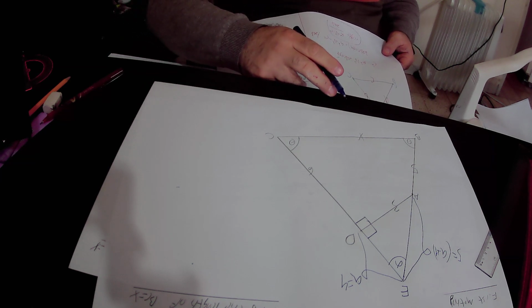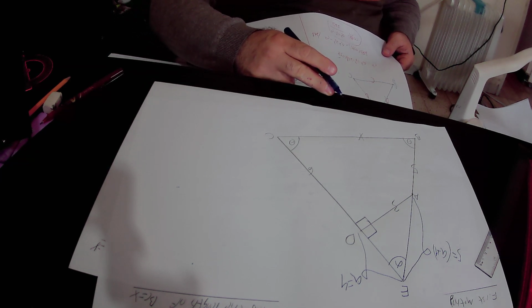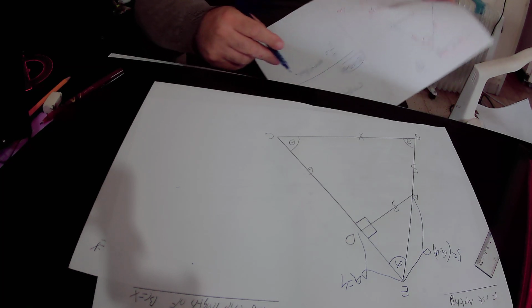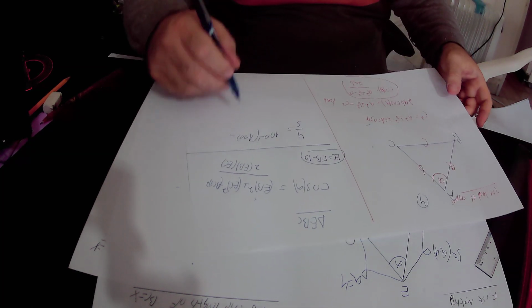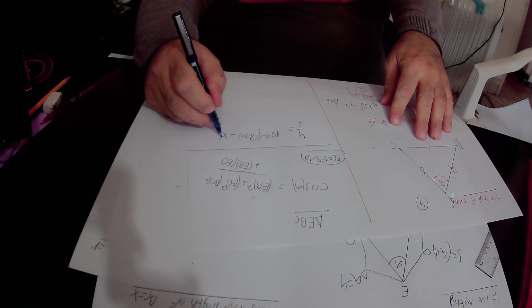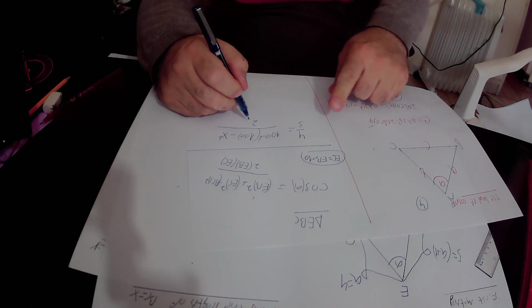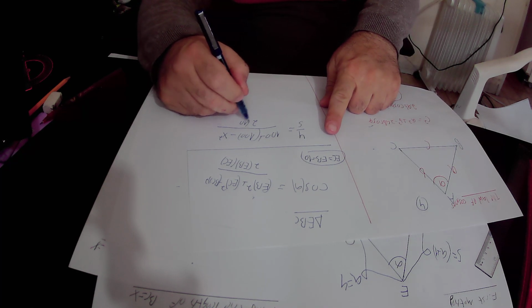BC equals x, the missing line segment that we are looking for. So BC squared is x squared, over 2 times EB is 10 and EC is also 10.